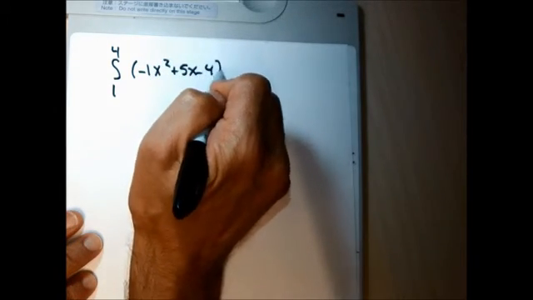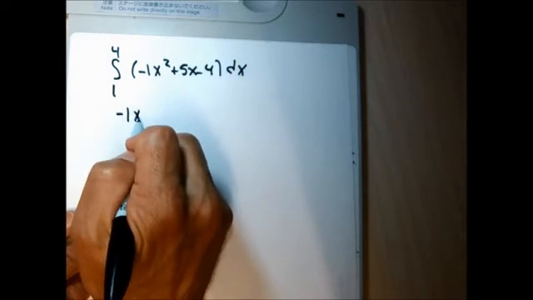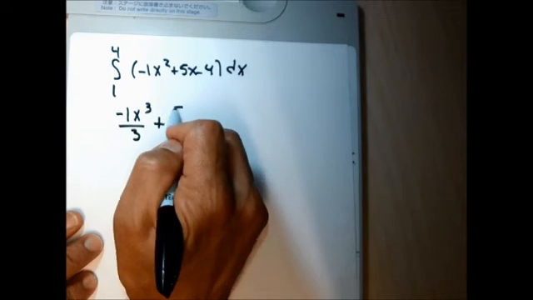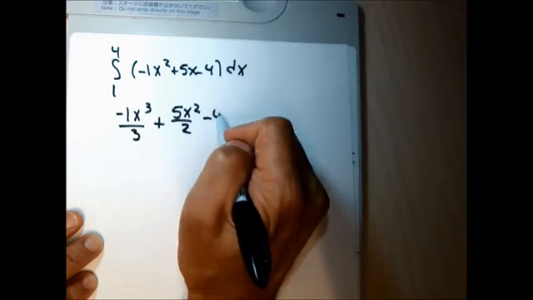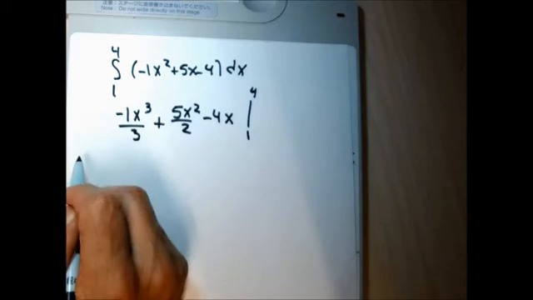5x minus 4 dx. When I integrate it, I get negative 1x cubed over 3. This one I get 5x squared over 2. Last one I get minus 4x. Have to evaluate from 1 to 4.